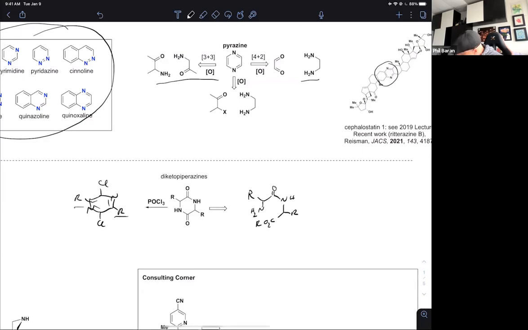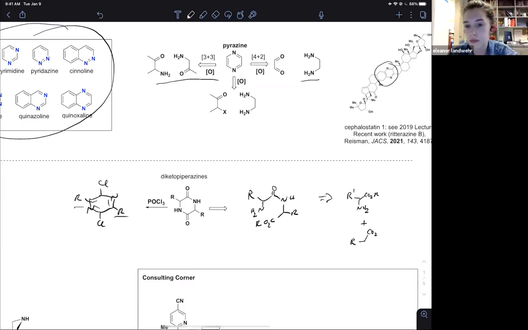So there's our amide that you wanted to make, Ellie. Where does this thing come from? Can we just make another amide? And that's the way people do it.